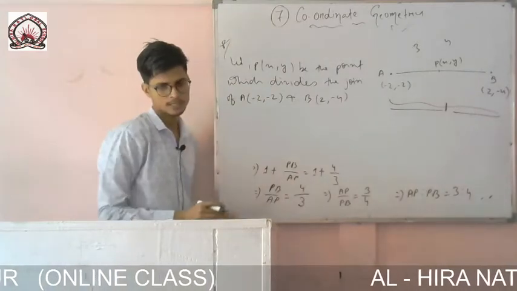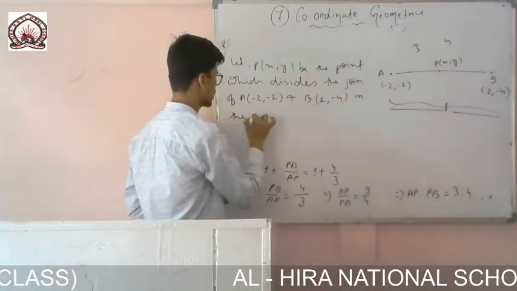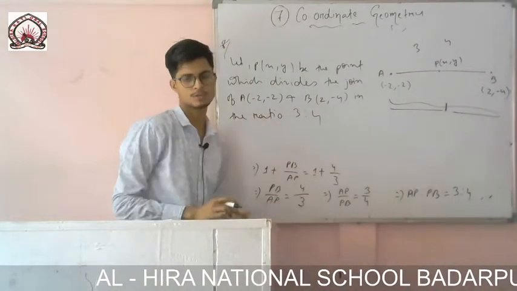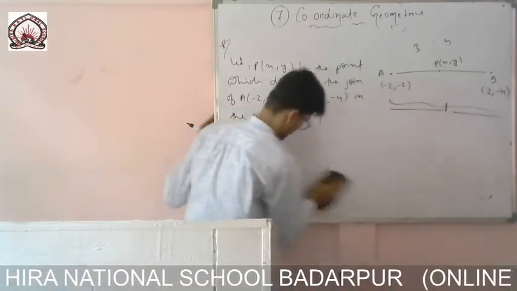So it divides the join of A and B in the ratio we just got, 3 is to 4. Now I will use the section formula and find the answer.